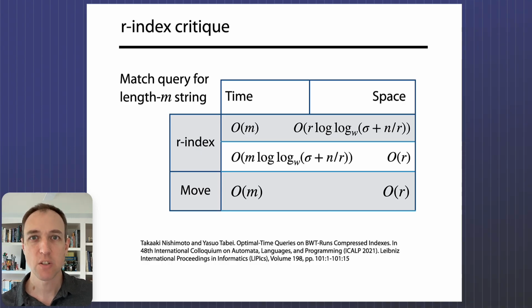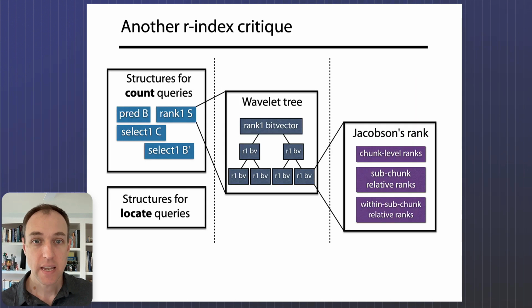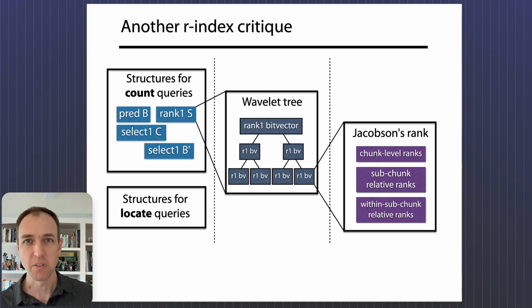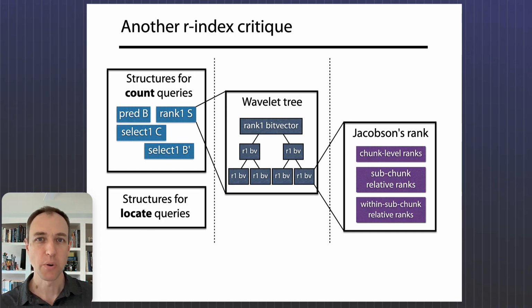And for that, let me just refer back to the R index and recall what it is made up of. It's made up of a lot of stuff, because if you look at each of the data structures that we need to query in the inner loop of the R index, you tend to see a kind of nesting pattern where one data structure consists of several other data structures, and those in turn have even smaller constituent structures. So for example, let's just take a rank query in our index world.